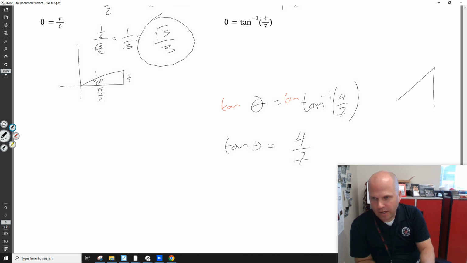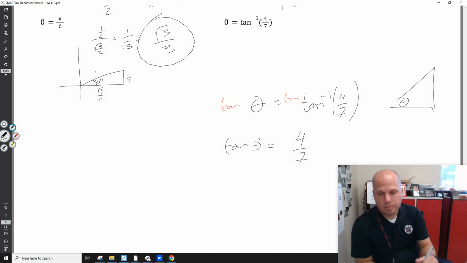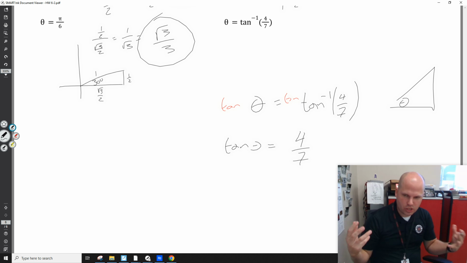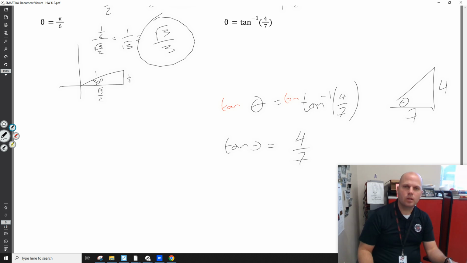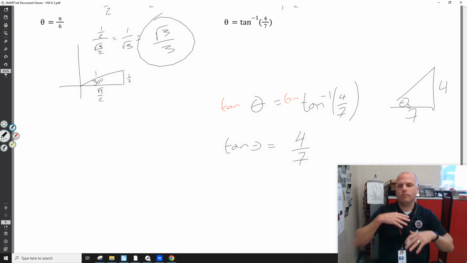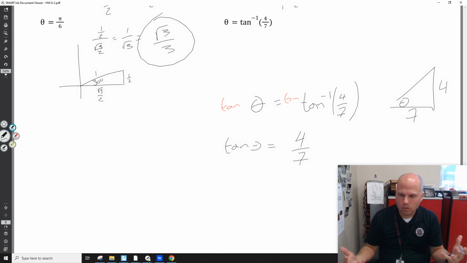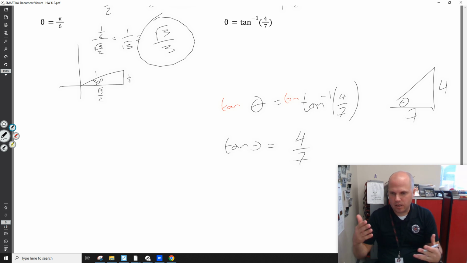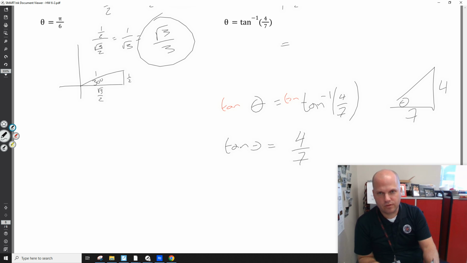If I have a triangle with some angle measurement theta that's not given to me, but I know that the tangent of theta, the ratio that has to exist for this angle, is 4/7, I know the opposite has to be 4. The adjacent has to be 7. Oh, I get it. This terminal side of this angle, which I don't know, I know what the slope is. It's got to be opposite over adjacent, or rise over run, which is just 4/7.